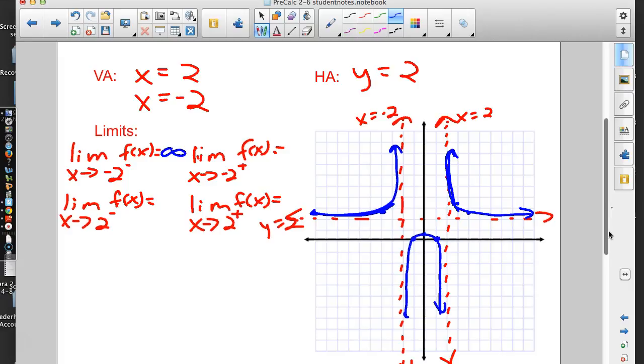How about from the right-hand side? +2 from the negative side. Left side, down. +2 from the right-hand side. Up. So we have both of them. Whew, and still more blanks to fill in.